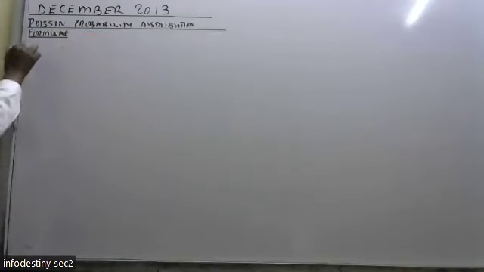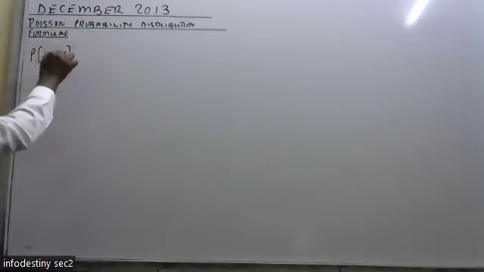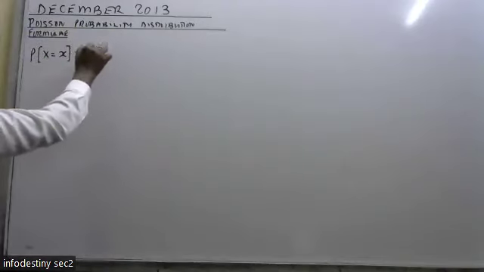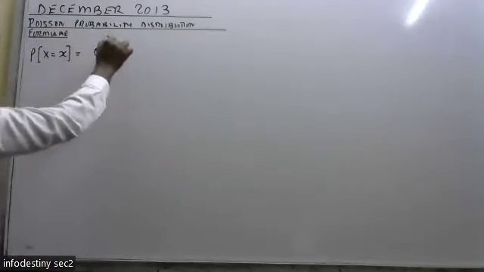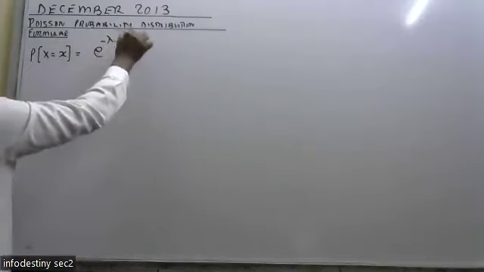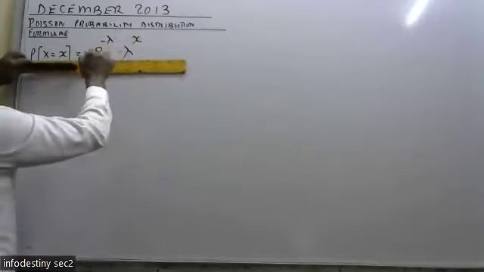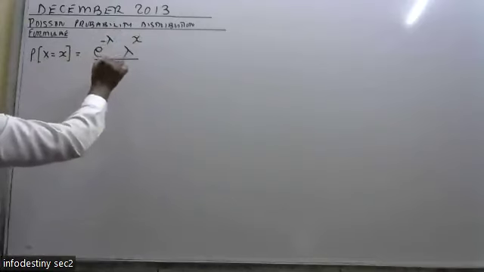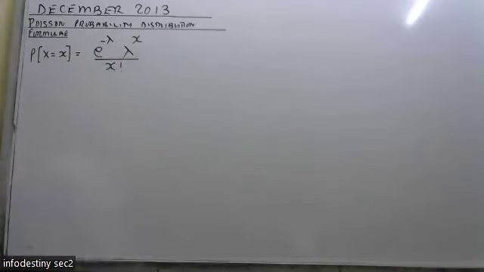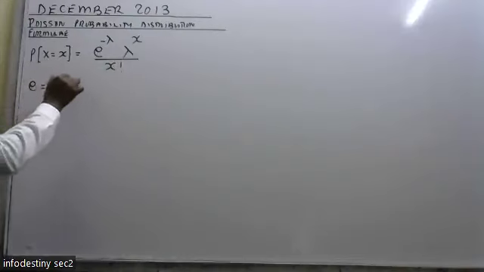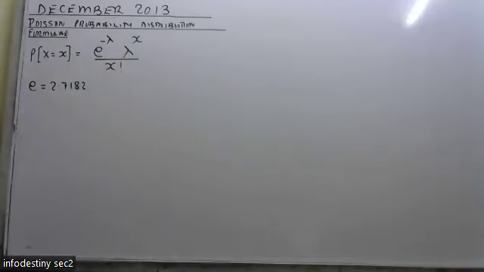So the formula: probability X capital is equal to X small is equal to e raised to minus lambda, lambda raised to X, you divide by X factorial. And we say that e is 2.7182, if you don't want to get it straight in the calc.